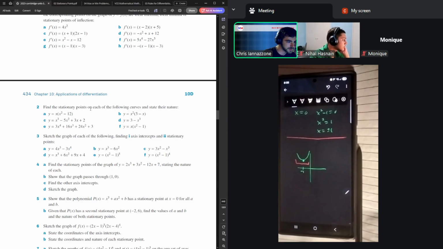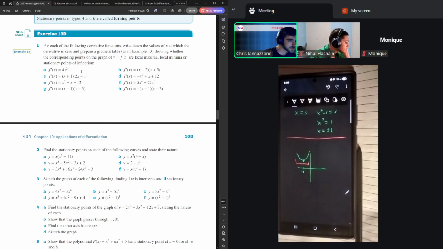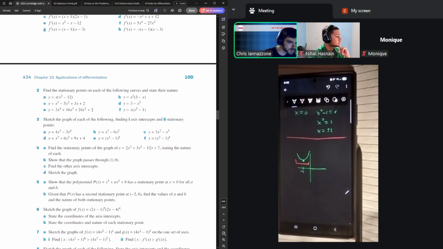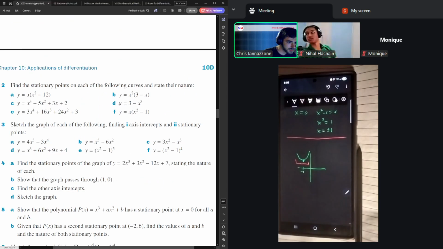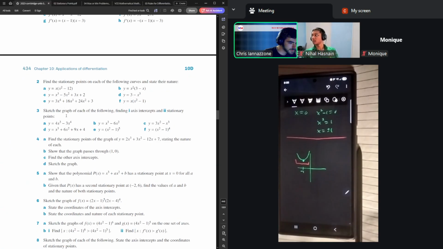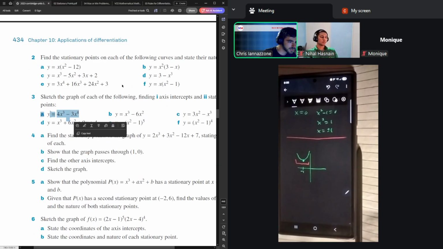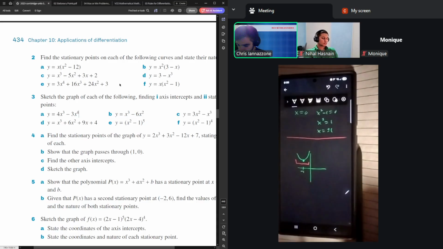Let's do a relatively easier graph just so we can get the stationary points quickly. Let's go 3A over here. That should be fine.